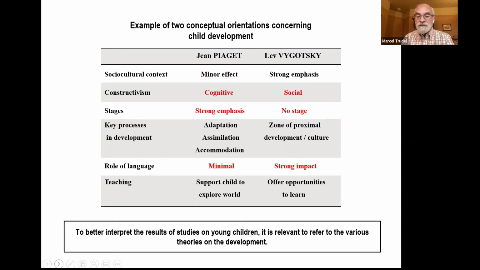Piaget is very centered on cognitive, and Vygotsky on the social aspect. I agree with both. Stage has a strong emphasis for Piaget, but not Vygotsky, and so on. And on the role of language, Piaget said this has a minimal effect on development. That's contrary to Vygotsky.